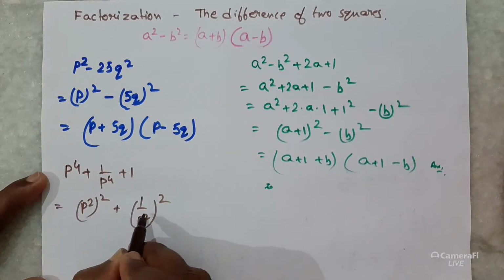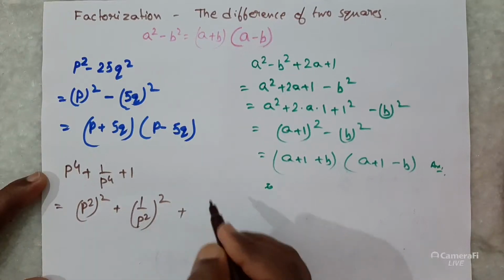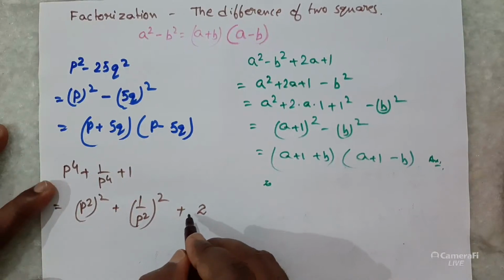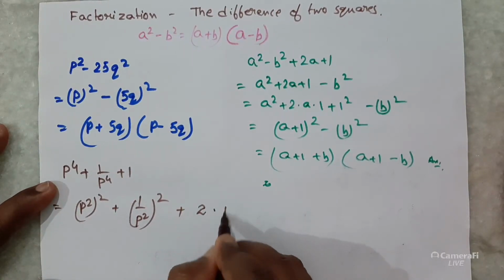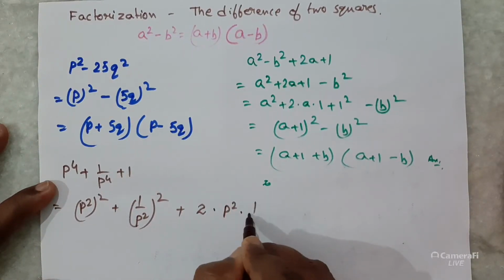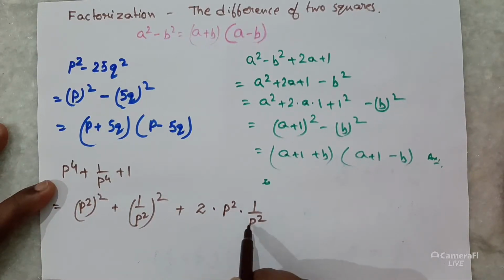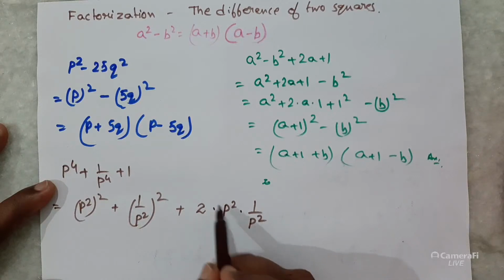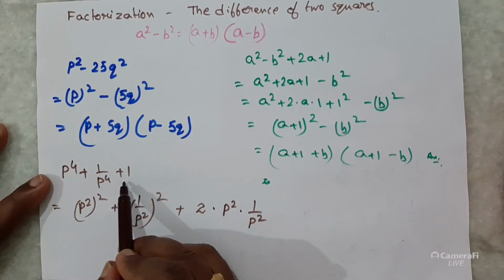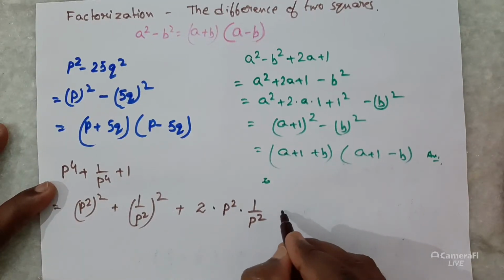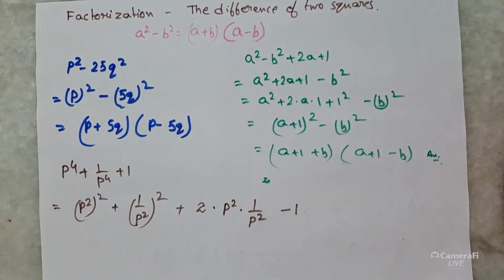We get a square plus b square. We need the 2ab term. So we write 2 into a, meaning p square, into b, meaning 1 by p square. Now if you see, p square will cancel out, what remains is plus 2, but in the question it is plus 1. That means here we have one more. So we are going to subtract 1.